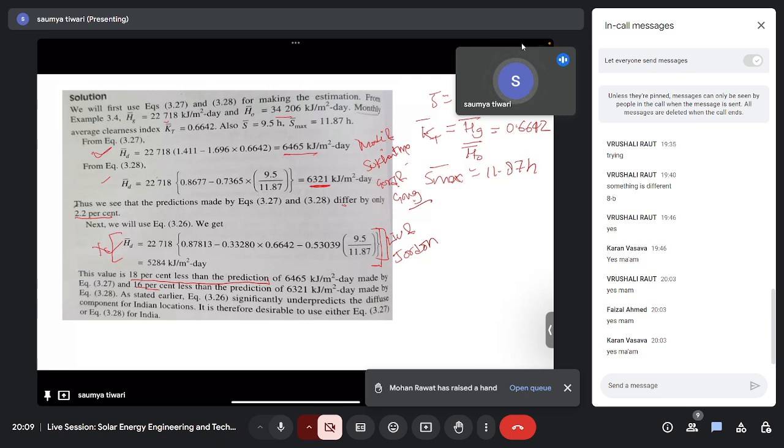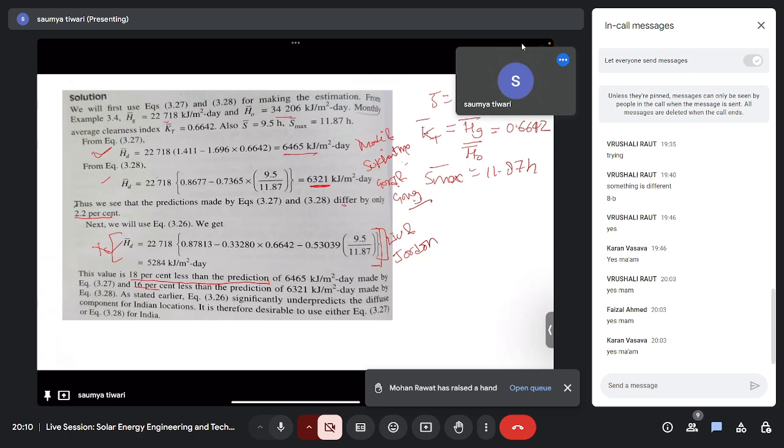Most of the time the Modi and Sukhatme empirical relation is used for the Indian region, which you need to remember. This question was just to show how these empirical relations are actually applied to real conditions.